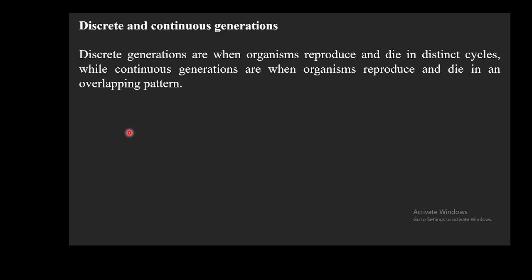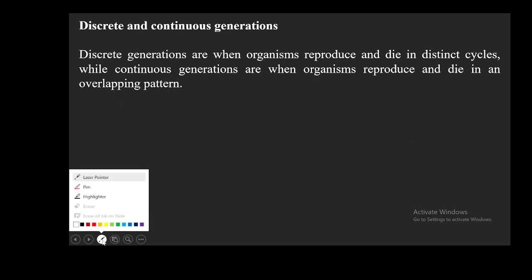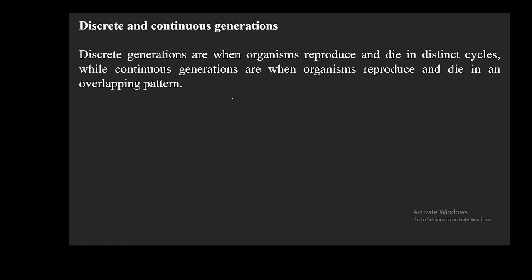So there are two kinds of generation: the discrete generation and the continuous generation. In the discrete generation, the organism reproduces and dies, but it produces offspring, and these offspring can never meet their parent. Why? Because the parent will die just after reproduction.